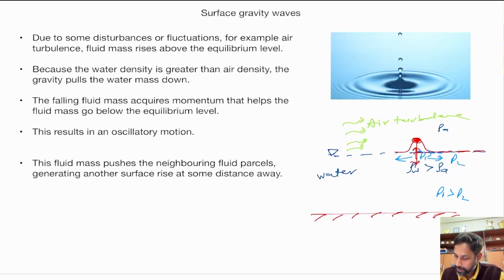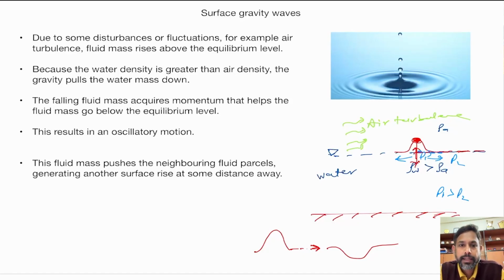Instead of stopping there, this wave, which has gone up here, will after a certain time go down like this, right? Because the potential energy it had got will convert into kinetic energy, and that kinetic energy will push the fluid down to a negative elevation.